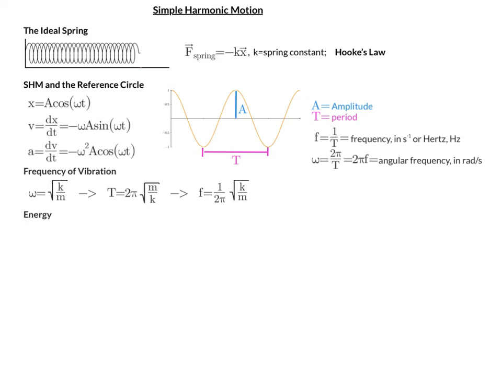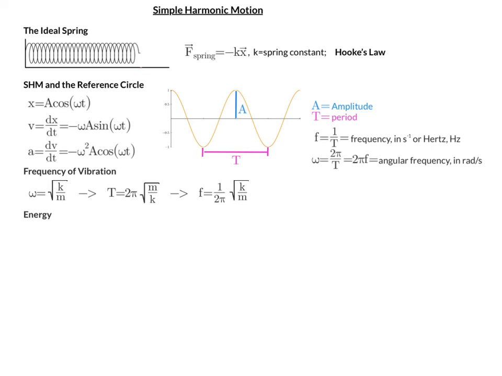Now, one very important thing about this spring force is that it's only a function of the displacement, and that means that it's a conservative force. Every conservative force has a potential energy associated with it. And it also makes sense because if you think about a spring, you're compressing it and you're storing energy in it.